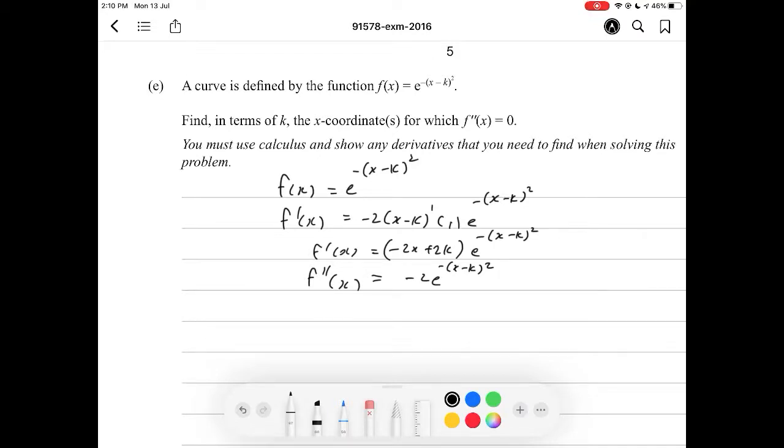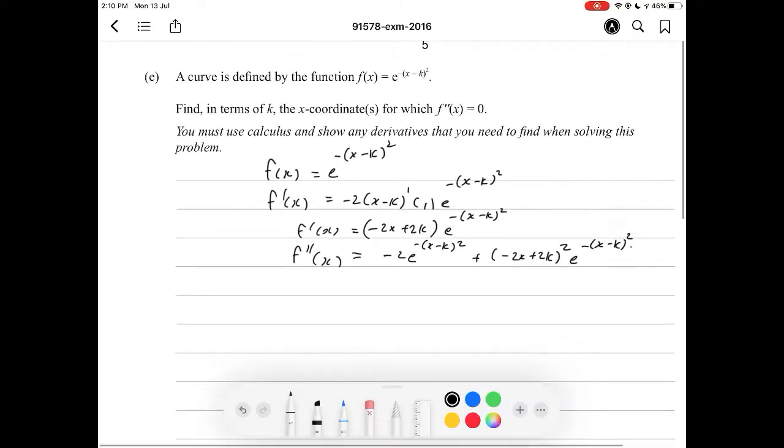So this will be plus (negative 2x plus 2k) squared times e to the power of negative (x minus k) squared. Alright, we can factor out e to the power of negative (x minus k) to the power of 2. So f double dash of x equals e to the power of negative (x minus k) to the power of 2 times (negative 2 plus (negative 2x plus 2k) squared).